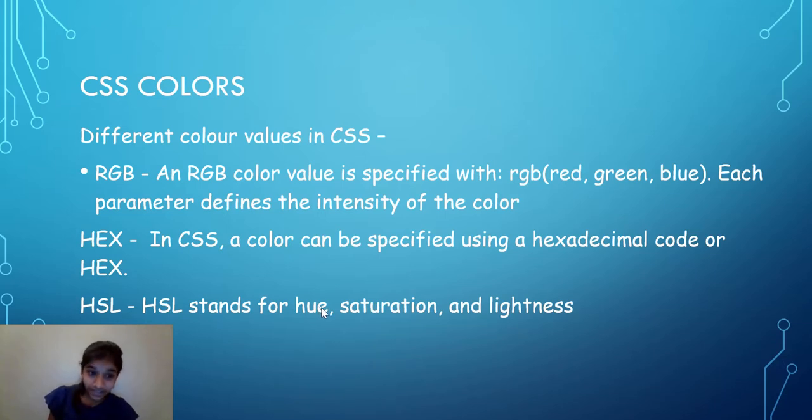The next value is HEX. In CSS, a color can also be specified using its hexadecimal code or the HEX. And HSL stands for hue, saturation and lightness. So here we can also specify the hue, the saturation and the lightness of the color. So now let's try all of these.